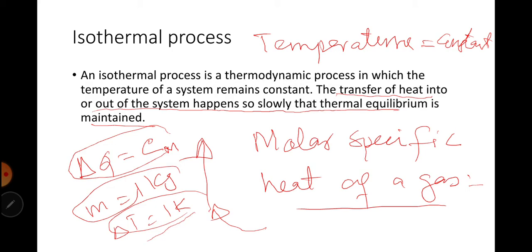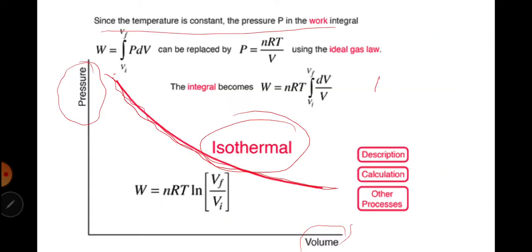Now, in mathematical form, del Q is directly proportional to the change in temperature, because we want to change the temperature through 1 Kelvin, and directly proportional to the number of moles n. So del Q is equal to C n del T, where C is a constant of proportionality known as molar specific heat or molar specific heat capacity.